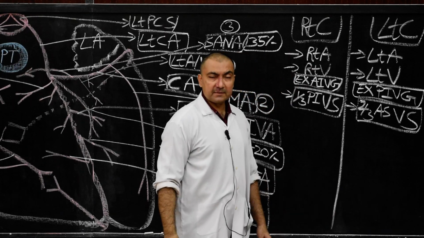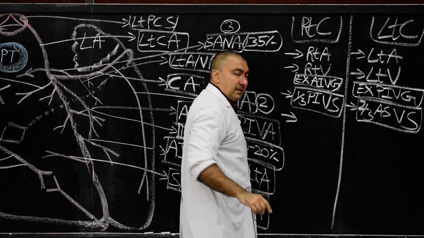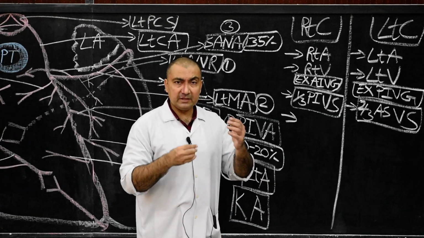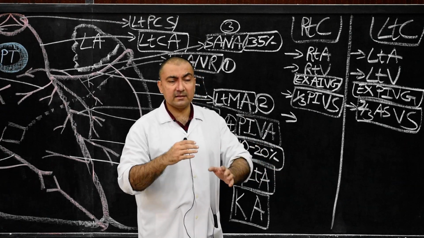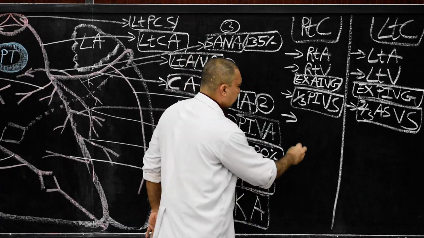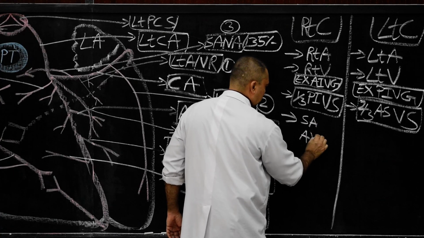This is very important. And now the last part, which is very interesting, the conducting system. You must have learnt in physiology, we know that the SA node, the AV bundle, or bundle of His, and the right and the left branches. Now here, the right coronary artery will supply, please note down, the SA node and the AV node.